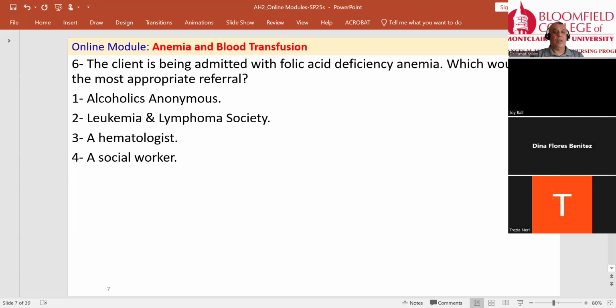Volunteers for number 6, please. The client is being admitted with folic acid deficiency anemia. Which would be the most appropriate referral?